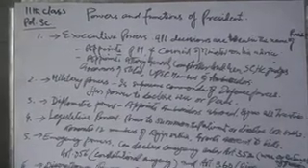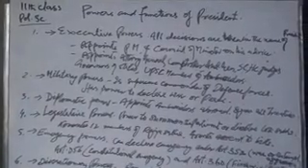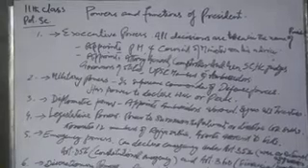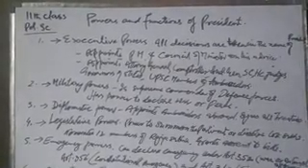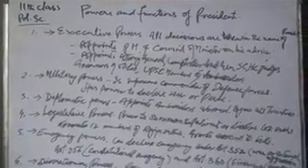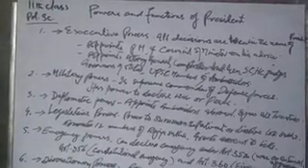The third emergency is financial emergency, which takes place under Article 360 of the Indian Constitution, and it is imposed when the financial stability of the country is threatened. Its duration is as per the decision of Parliament, that how long this emergency prolongs.